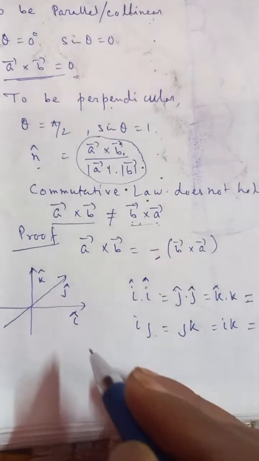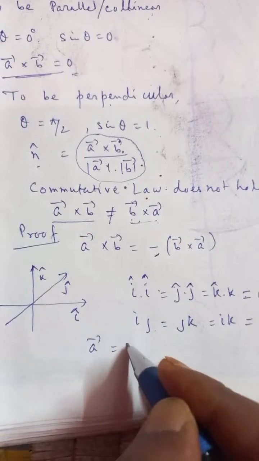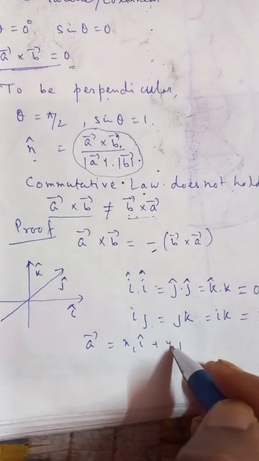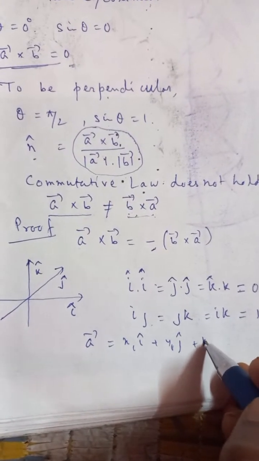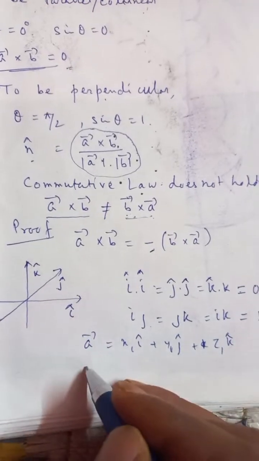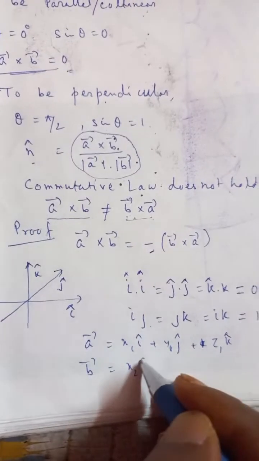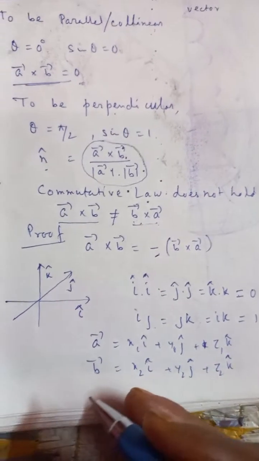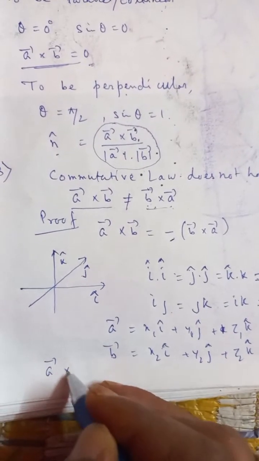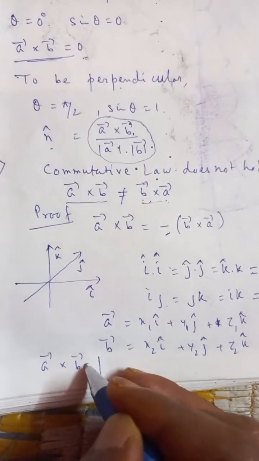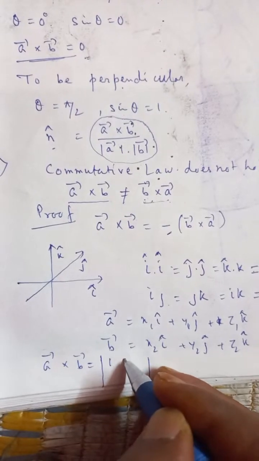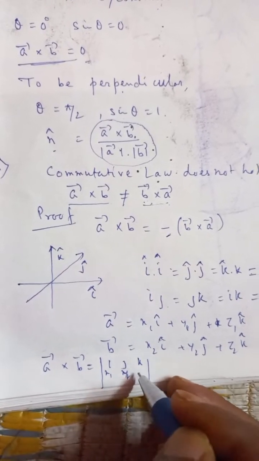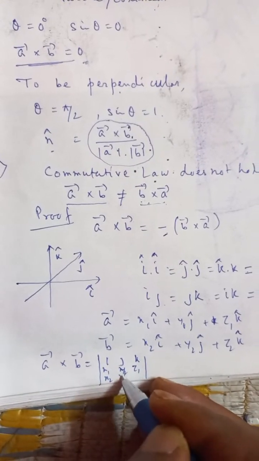If we take an example where A vector is equal to x1 i cap plus y1 j cap plus z1 k cap, and B vector is equal to x2 i cap plus y2 j cap plus z2 k cap, then A vector cross B vector will be in determinant form: i, j, k; x1, y1, z1; x2, y2, z2.